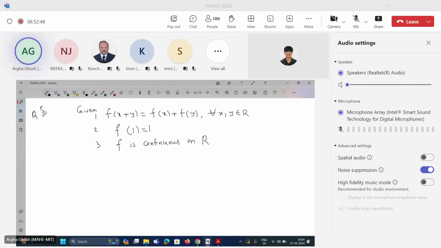What you have to prove? To prove f of x equals x for all x belongs to R. Any idea how shall we approach?